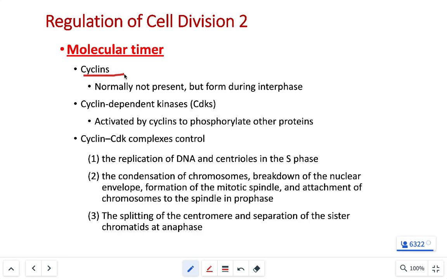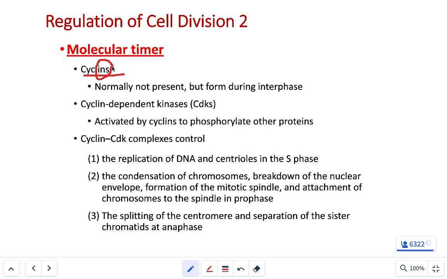Just to review nomenclature, proteins oftentimes will have an "in" at the end of their name. If it's a generic protein that's not an enzyme, it typically will have an "in" at the end of its name. Actin, myosin, dynein, these are all examples of proteins that are non-enzymes. So, cyclins are the proteins that help to regulate the cell cycle.